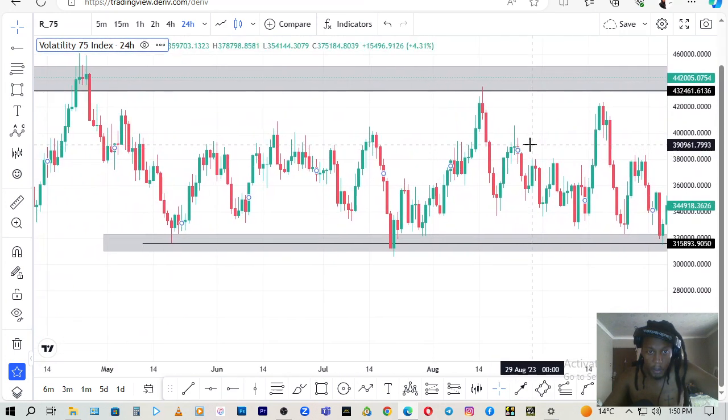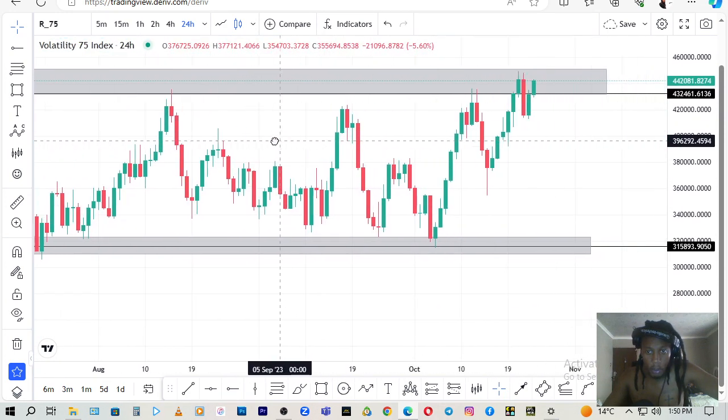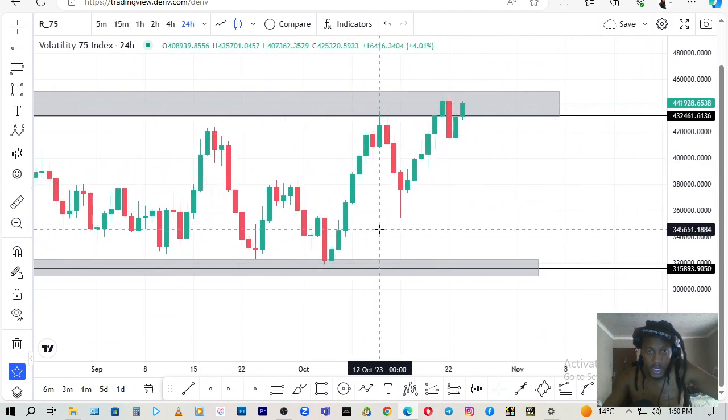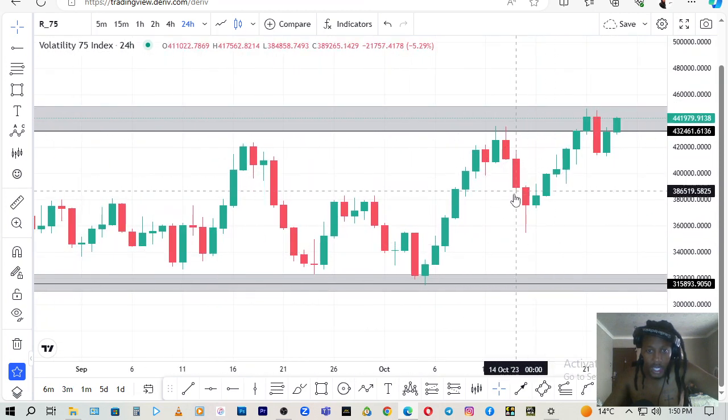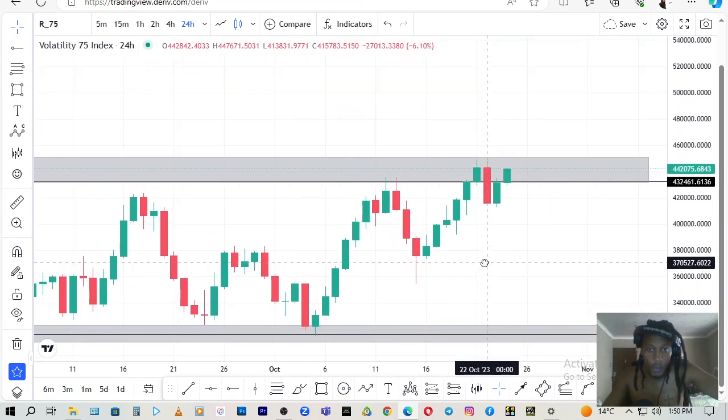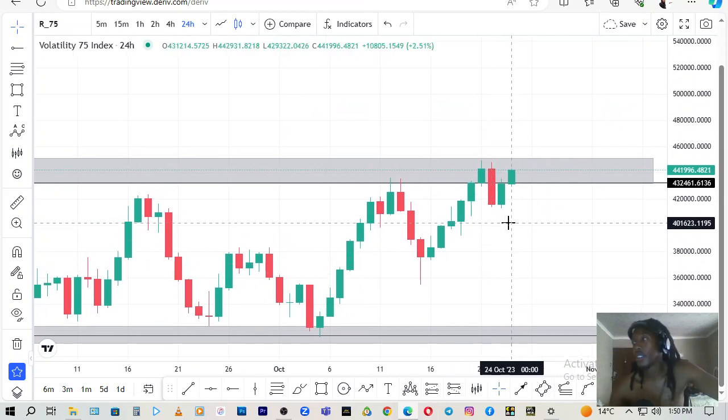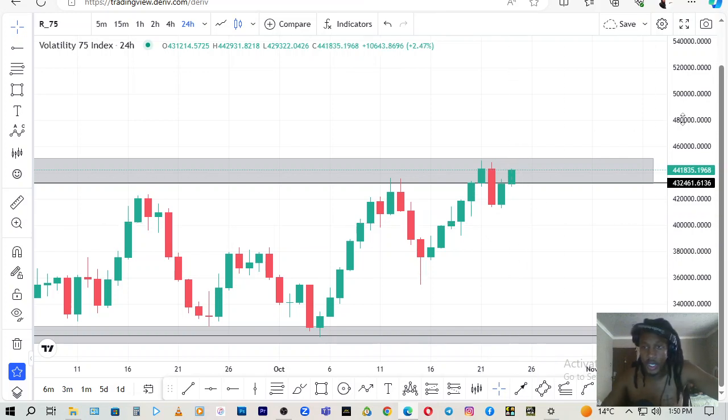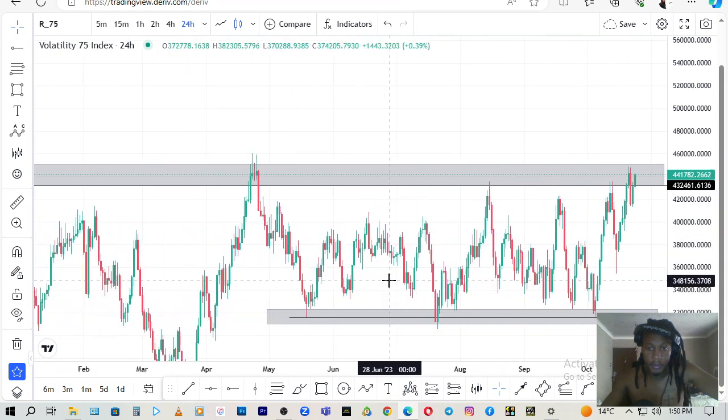Okay, but then we had some opportunities inside, but currently where it's at, we don't know if it's going to reverse and find resistance, or if it's going to break resistance and turn into a bullish market.